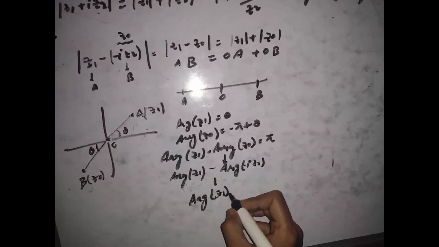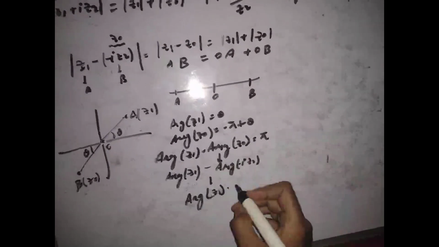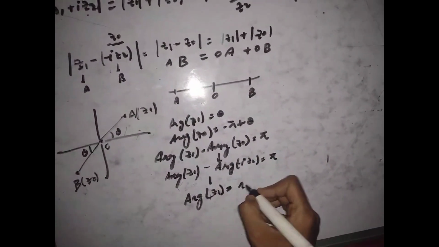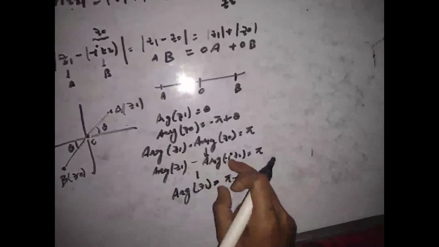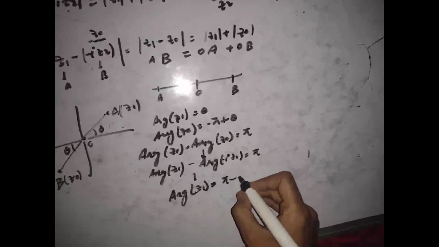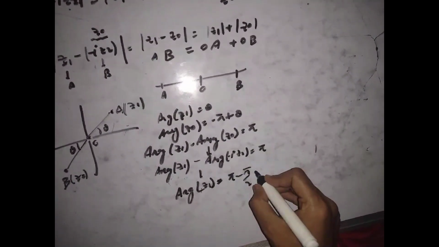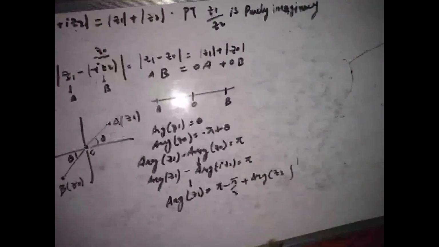This is argument of Z1, and this is actually equals to, and we'll send this to right hand side, this is equals to pi plus pi, and this argument I is pi by 2, so this is pi minus pi by 2, and this minus minus turns to plus here, this is argument of Z2, okay.